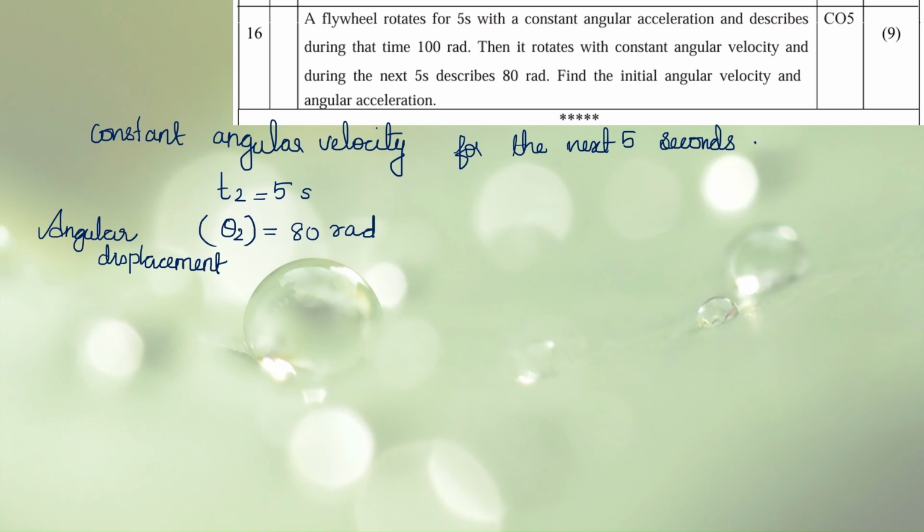Okay, and they have given that constant angular velocity. So I am taking the constant angular velocity as omega. Omega is the angular velocity. Okay, and this is equal in the final phase.